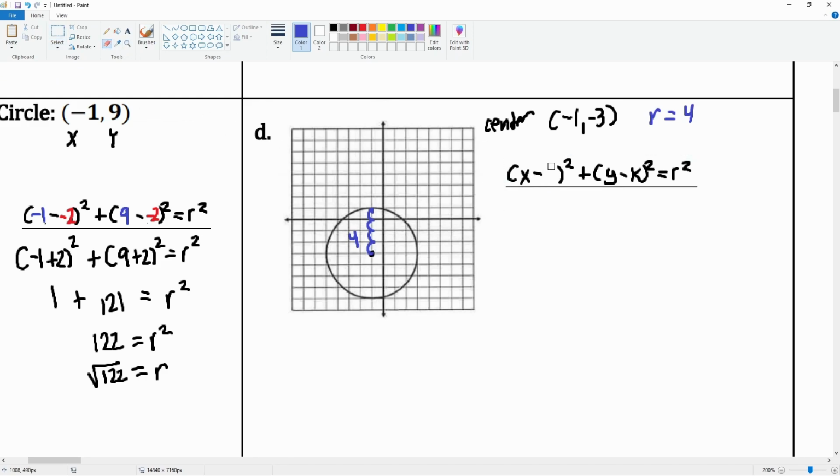We take out h, k, and r and make the substitution. Our h here was -1, our k here was -3, and our r here was 4. Now we simplify. (x + 1)^2 + (y + 3)^2 is equal to 16. That would be the equation of your circle.